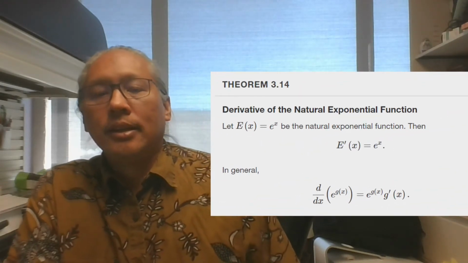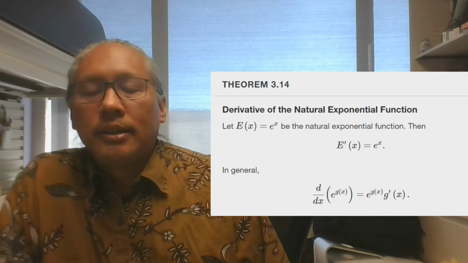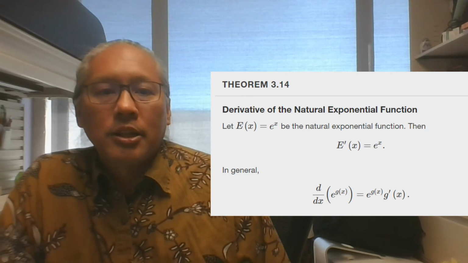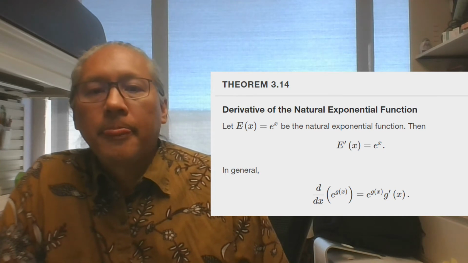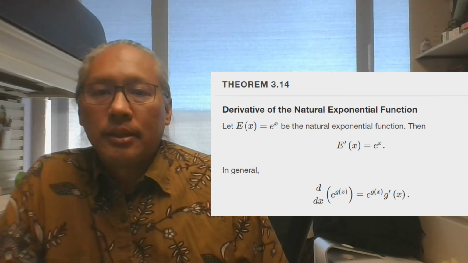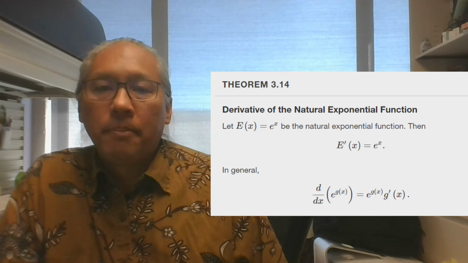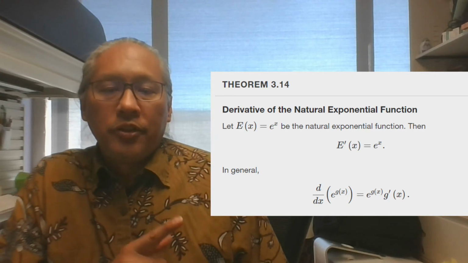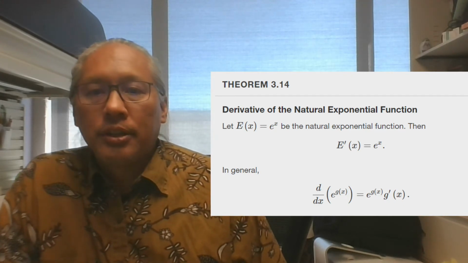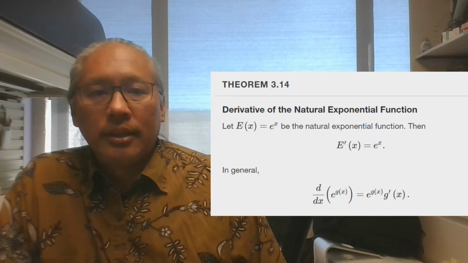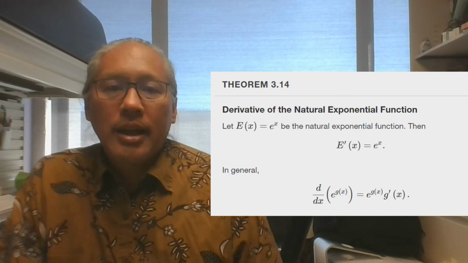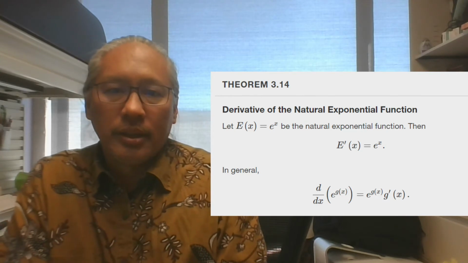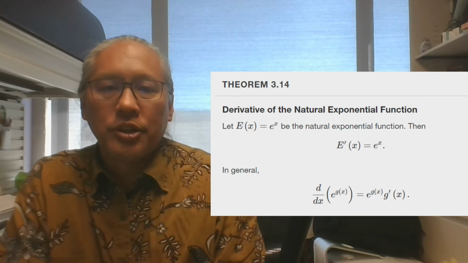So e is a very special number in calculus. It's Euler's number. It's approximately 2.718, something like that. But it is the number where, if you put it as an exponential function, the derivative of it is itself. So that's what it's saying here. Capital E of x, they're just calling that capital E, is just the name of the function.